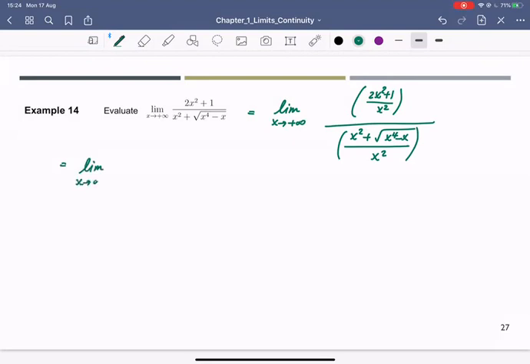So x goes to plus infinity here. On the top, I simplify to be 2 plus 1 over x squared. On the bottom, I have 1 plus. I'm going to just keep x to the fourth power minus x over x squared here, because this term needs something that you need to be careful about.